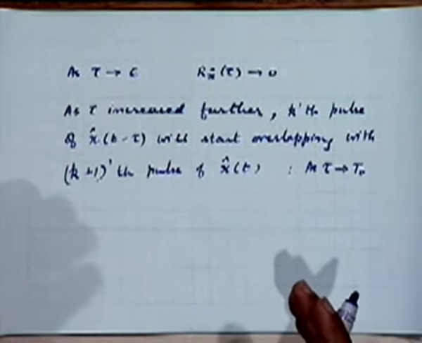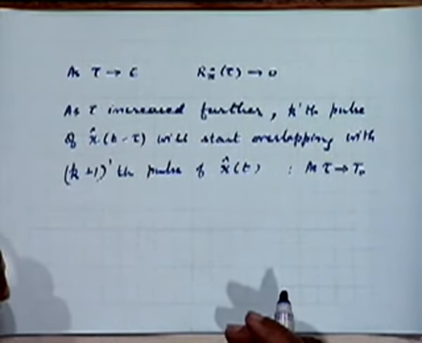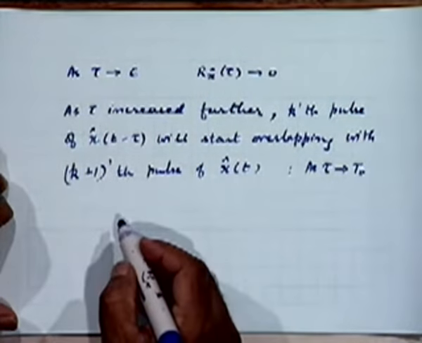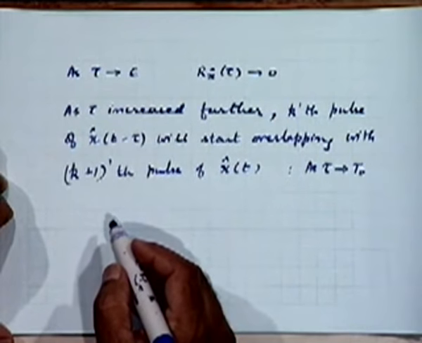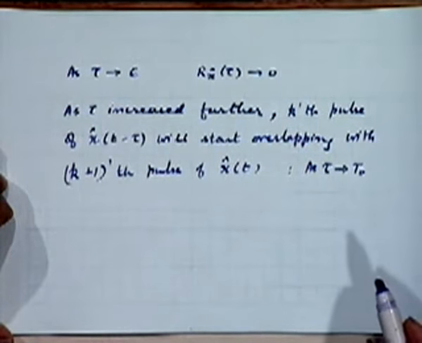We'll get another triangle around tau equal to t0, with the difference that the amplitude of this triangle would be slightly different, because now it will involve the product of a_k and a_{k+1}, right?